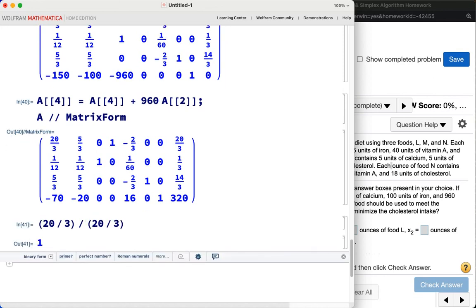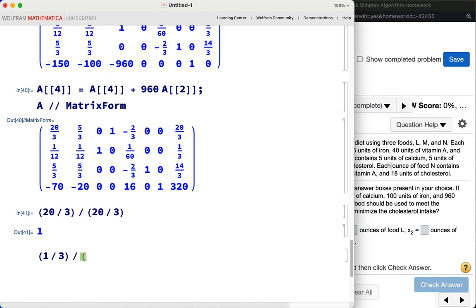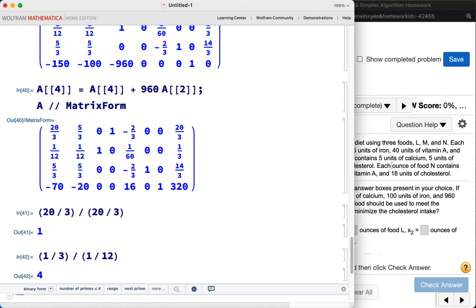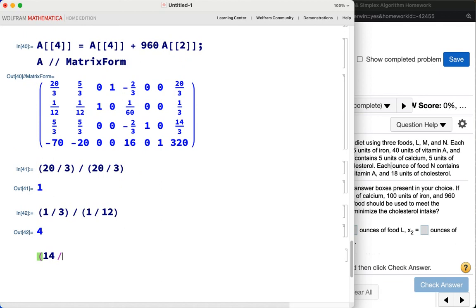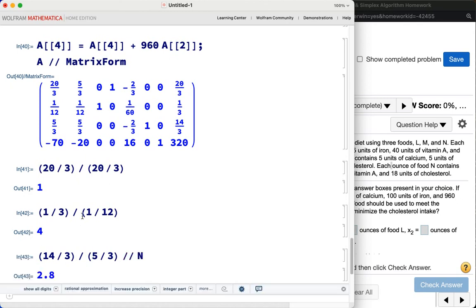Then 1 over 3 divided by 1 over 12 is 4. And then 14 over 3 divided by 5 over 3 is 2.8. So we're going to have to pivot right over here, the first row, first column.